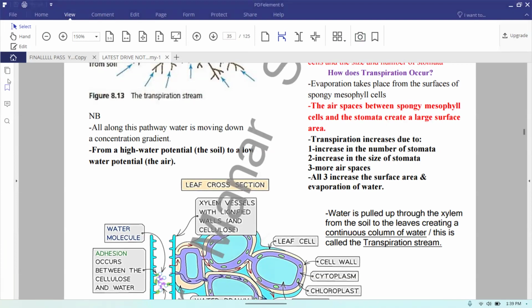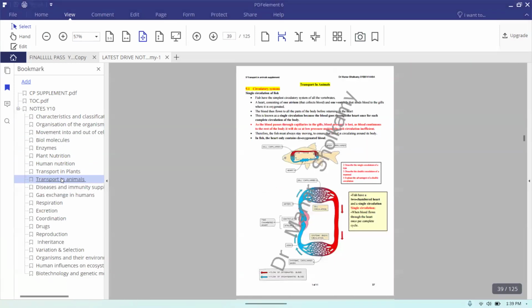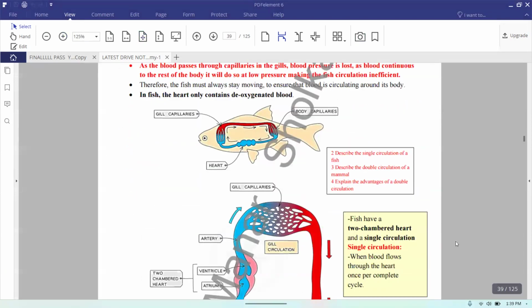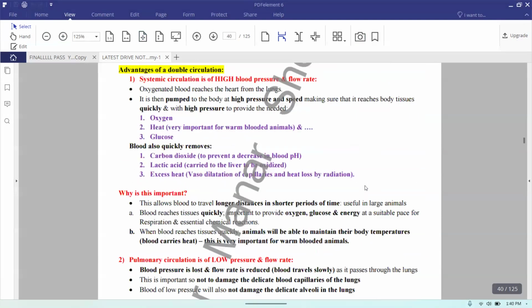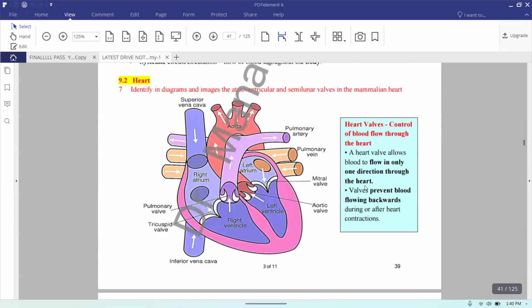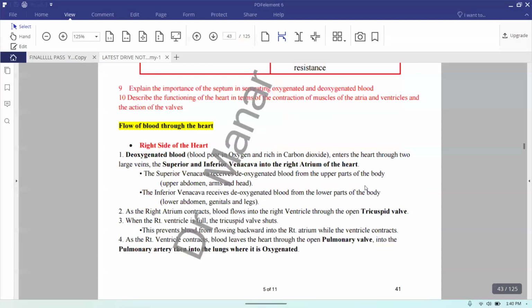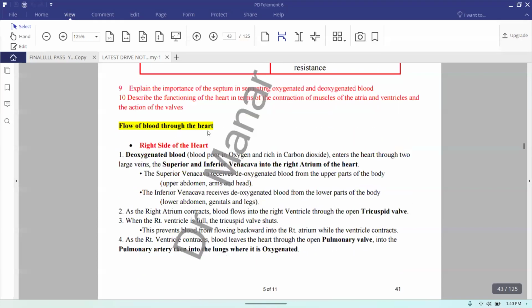So these are your year 10 notes, transport in animals. Flow of blood through the heart.